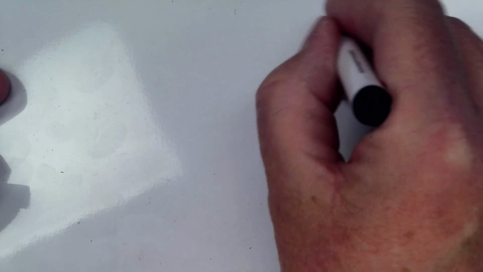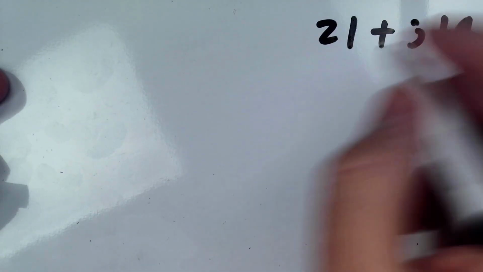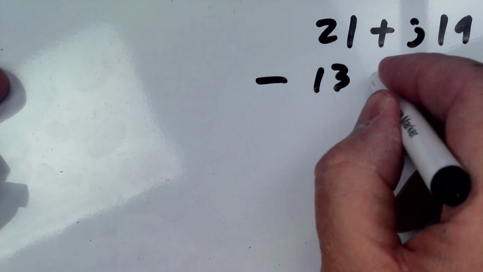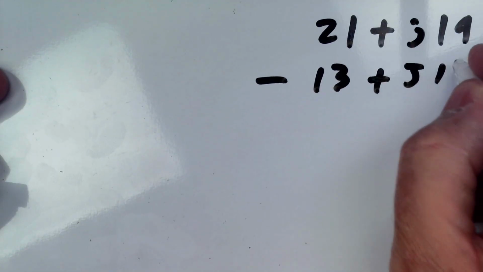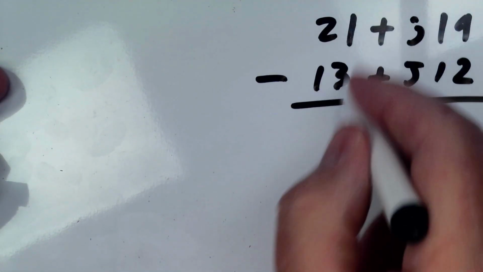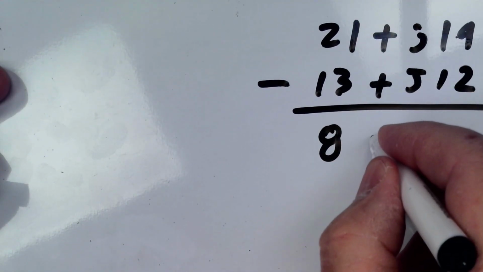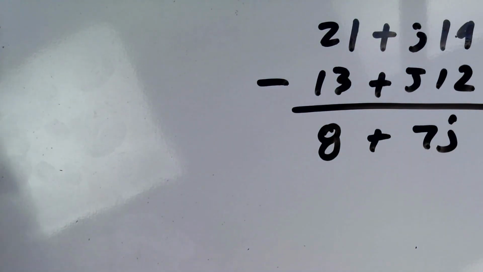So let's say we have 21 plus j19 minus 13 plus j12. So 21 minus 13 is 8, and then 19 minus 12 is going to be j7, or 7j.